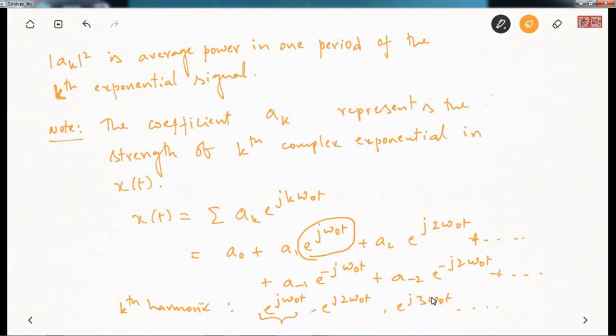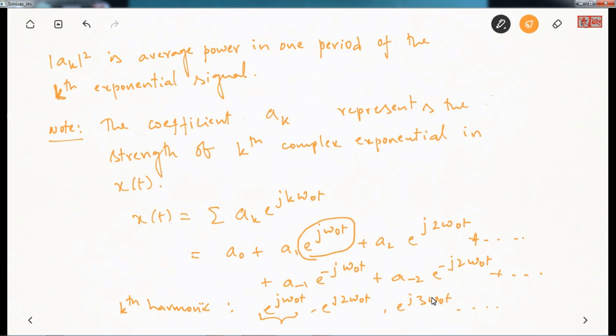So this term harmonic we haven't used many times in our class, right? But some of the questions may ask, what is the strength of the third harmonic in x of t? Then you should simply find a3.